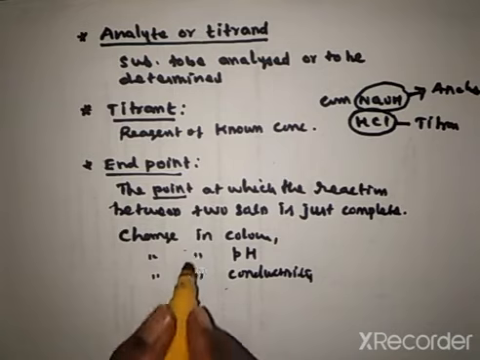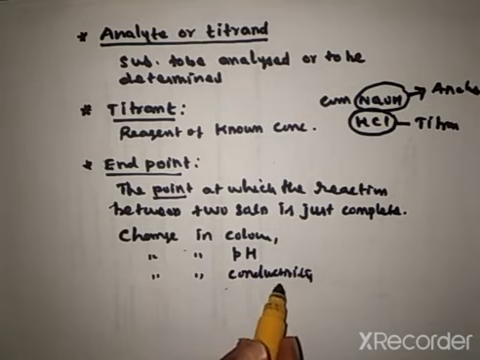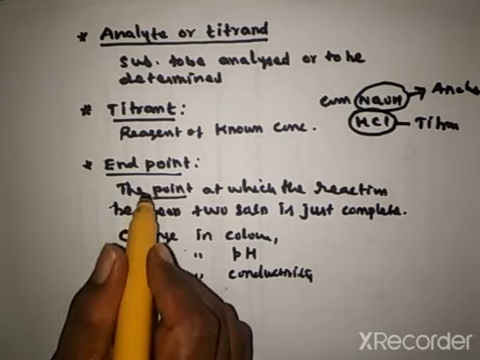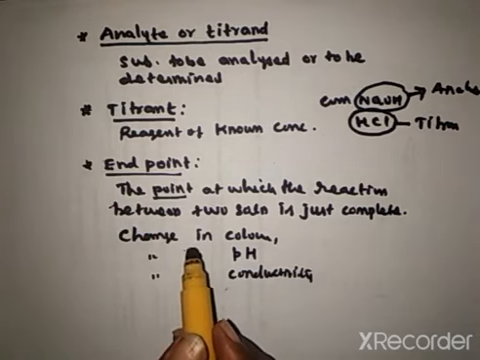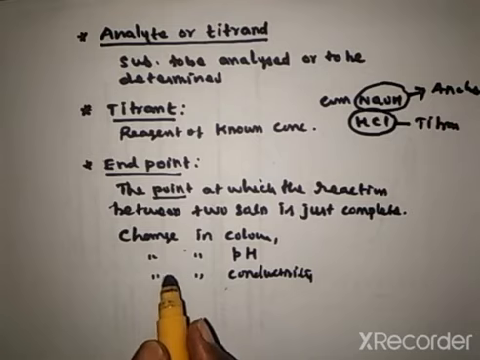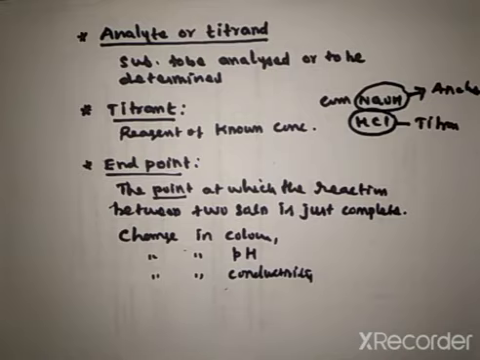So by use of change in color, change in pH, change in conductivity, we can determine the endpoint of the titration. Therefore, this equivalence point shows the endpoint of the titration.